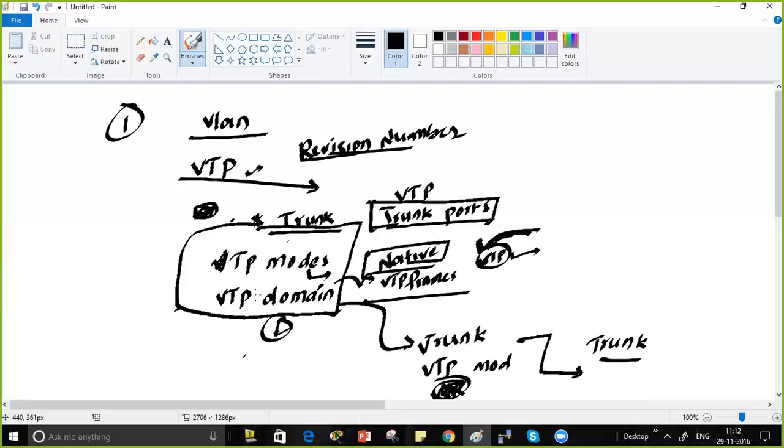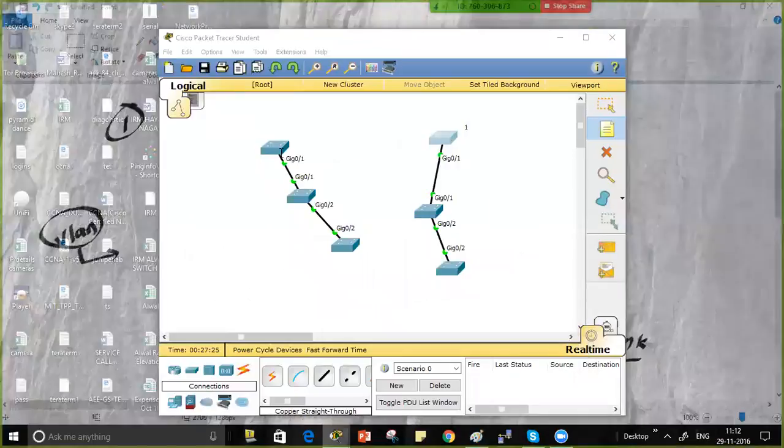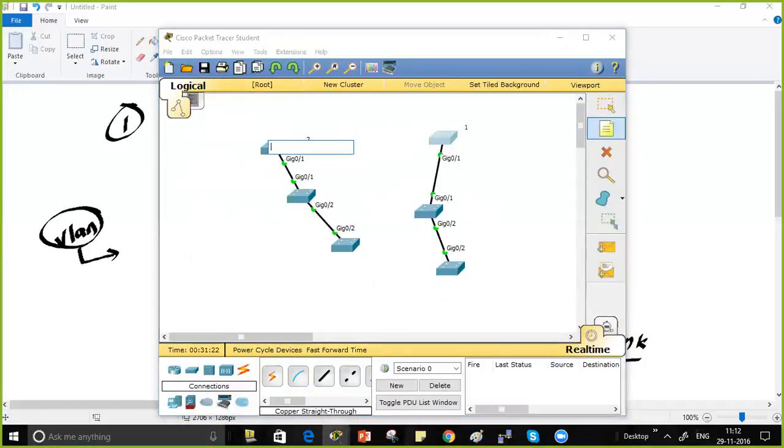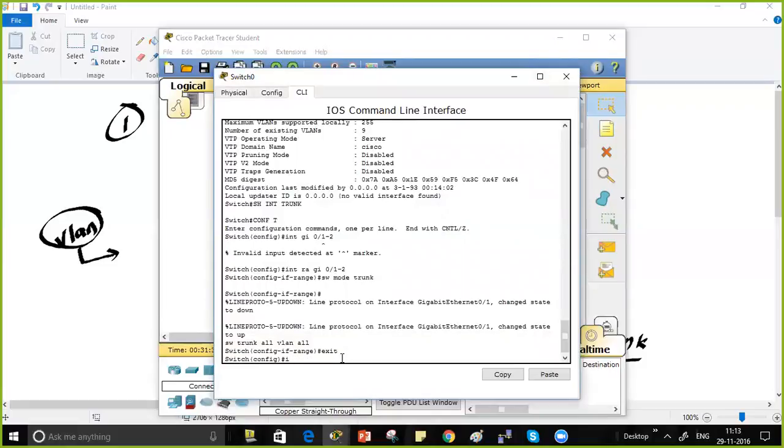And do remember that it will send only VLAN information. That's it. It will not send which interfaces you configured for these VLANs. It will not send any such information. It will reflect that VLAN information only, right? Only VLAN information. Here, I am assigning ports to these VLANs.